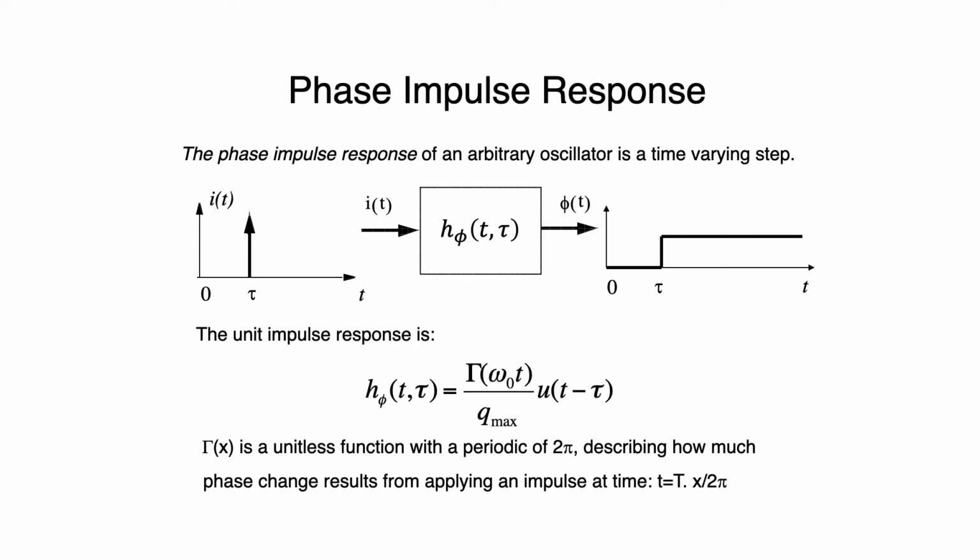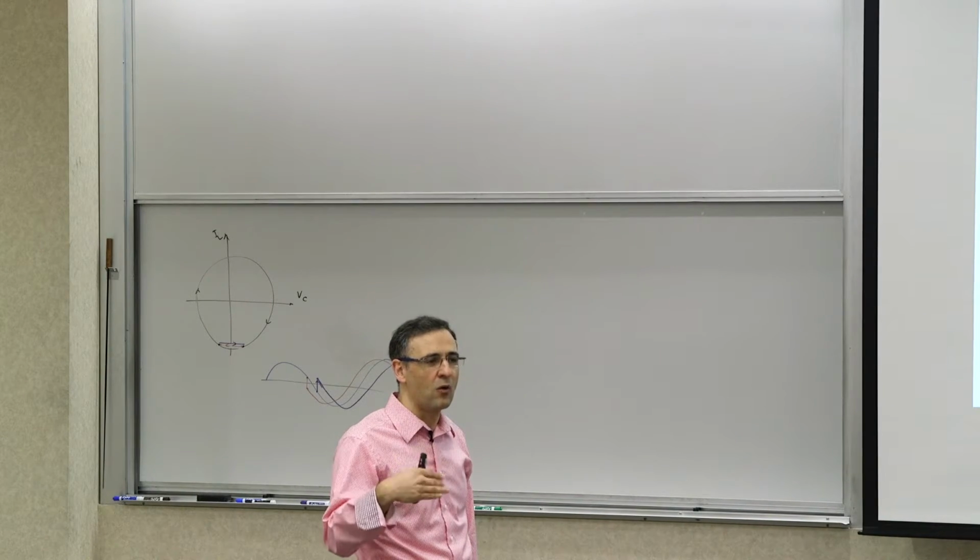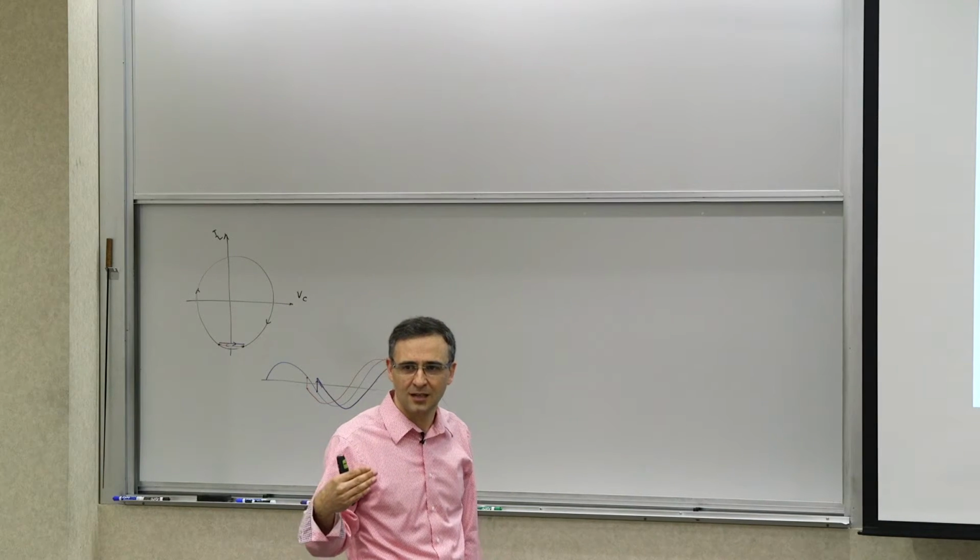Based on what we did, the impulse response is essentially the ISF, which is a unitless function with a period of 2 pi, the way we've described it, normalized by Q max, the maximum charge swing, times u of t minus tau, a unit step at time t equals tau. So the impulse response of the system is a step, but a time-varying step. The fact that you have a step captures the fact that the oscillator has no memory of its past phase. Once you change the phase, it will persist. It will not go away.